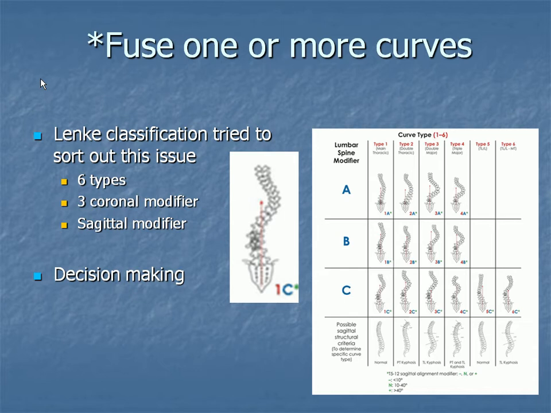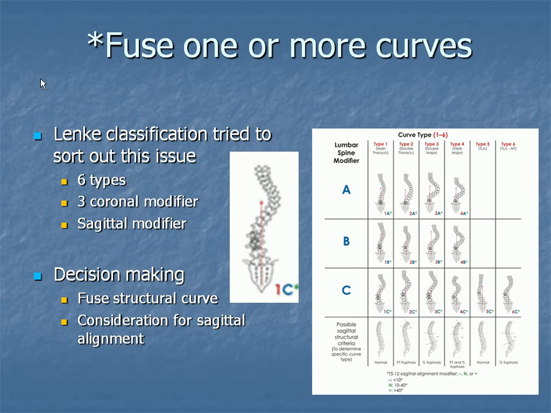That classification is very helpful in decision making about fusion for the curves. He divided them into structural and non-structural, and if it is a structural curve, of course, as we know from the old history, you have to fuse it. Non-structural, how we know it: the side bending of the curve goes below 25 degrees, so it is flexible, and then probably, not always, you may not have to fuse it.